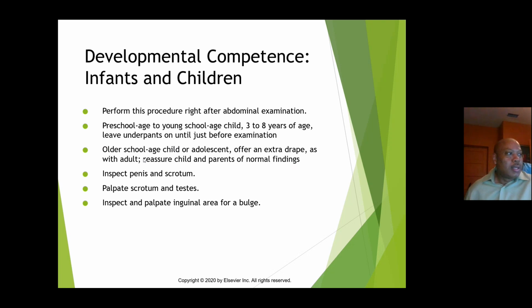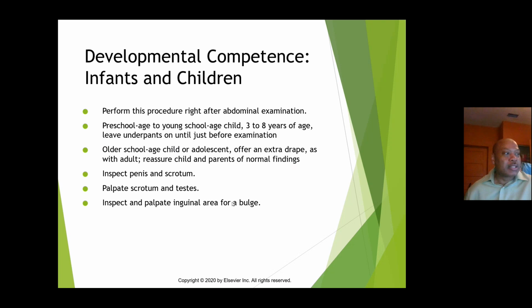Now, if someone is an older school age child or adolescent, we offer an extra drape because they're more modest, as with an adult, and reassure the child and parents of normal findings. So as you're talking to them, as you're going through the assessment, you let them know that what you're finding is normal. It's rather reassuring, if you will. And so look at what we are assessing.